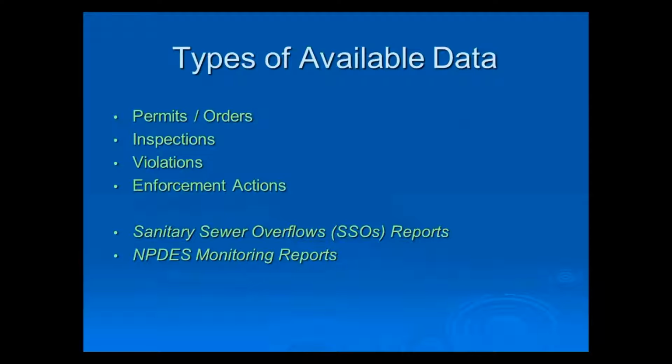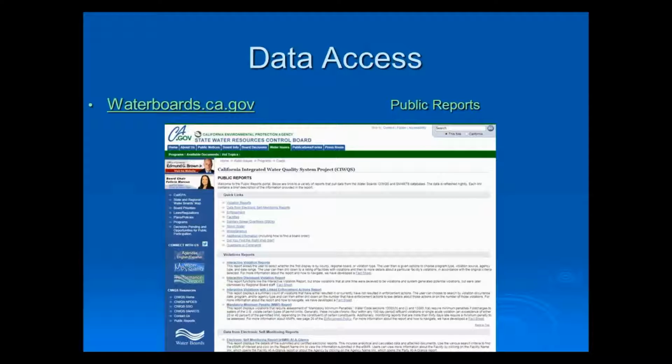So looking forward at what types of data we have available, it's the same set. We have permits, orders, inspections, violations, enforcement actions. And if you sign up today, we're also going to throw in SSO, sanitary sewer overflow, and NPS monitoring data for free.